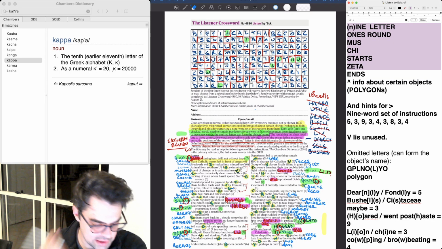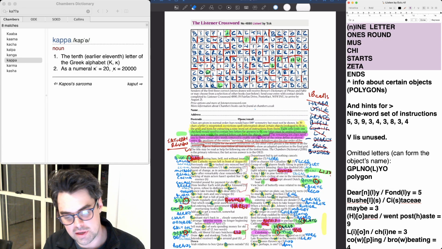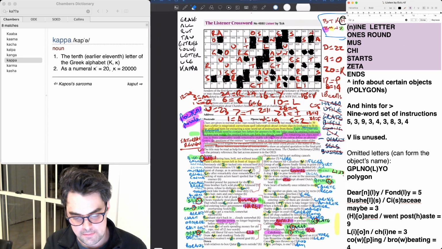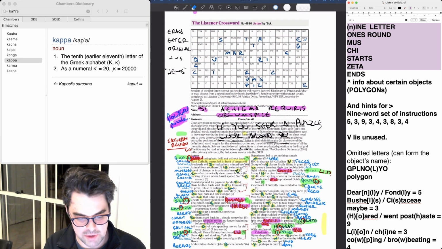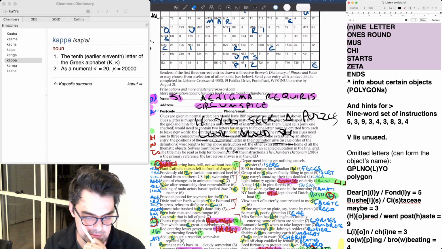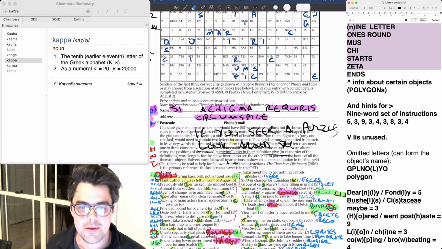There were obviously so many gimmicks which were wrapped up in them, but this was a puzzle which I think gave away its secrets. Well, at least for me, it gave away its secrets slowly, but we got there in the end, and it's just an incredible puzzle. I really, really enjoyed it.